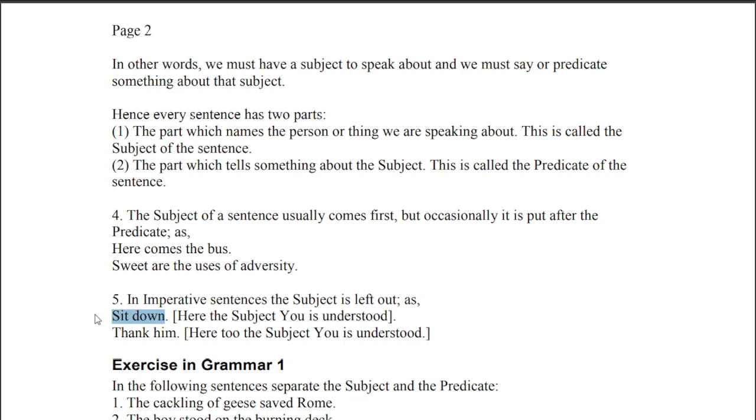And similarly, "Thank him," which is a command, the subject is missing. Actually, the subject is understood and it has been left out. You thank.